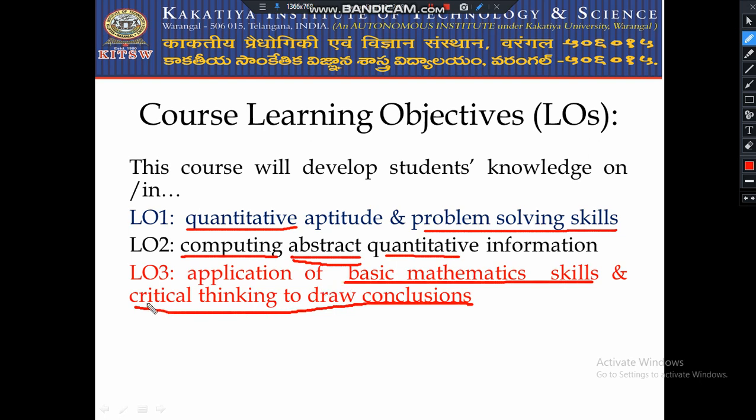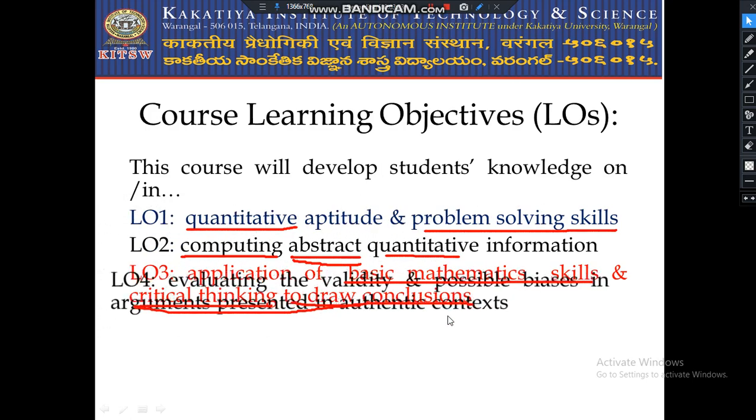But we use that for critical thinking and to draw conclusions. Chapters 1 and 2 deal with quantitative aptitude. Chapters 3 and 4 deal with logical reasoning. So in learning objective 3, we use math skills to think critically and draw conclusions.